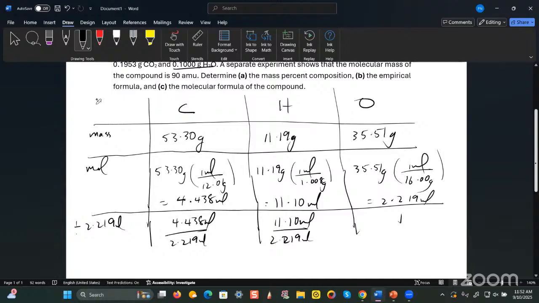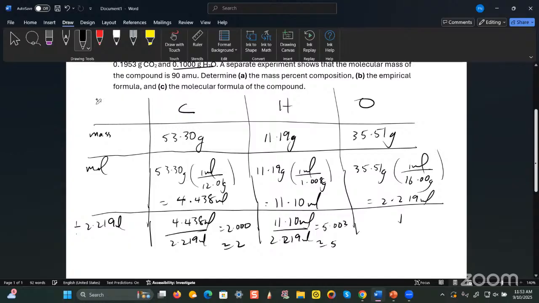So let's see what the other two would give. 4.438 divided by 2.219 gives exactly 2. And in the case of hydrogen, 11.10 divided by 2.219 gives 5.002, so that approximates to 5.